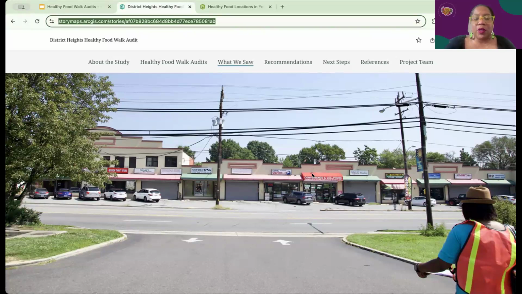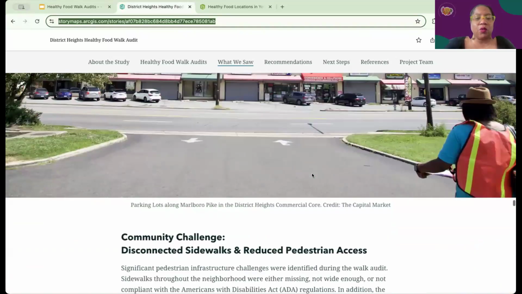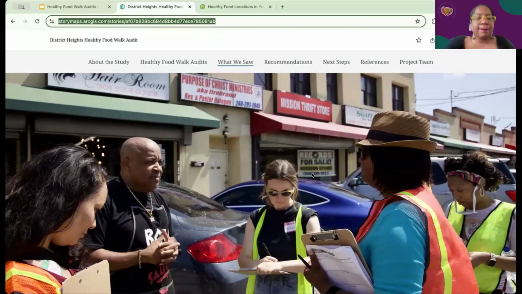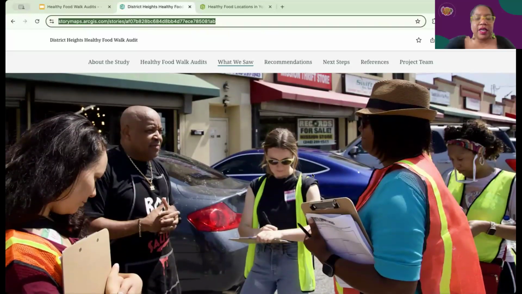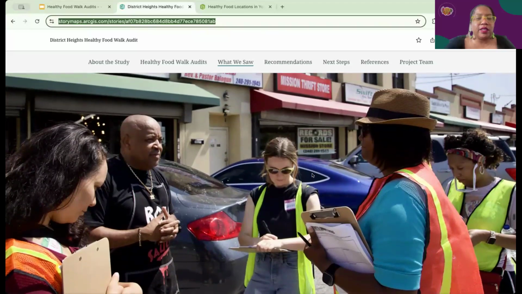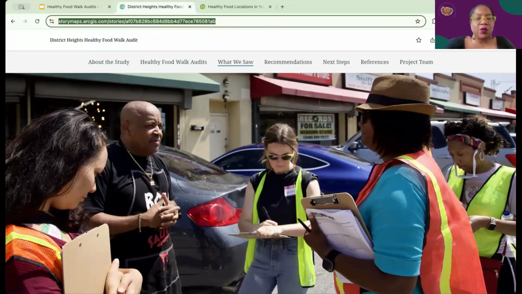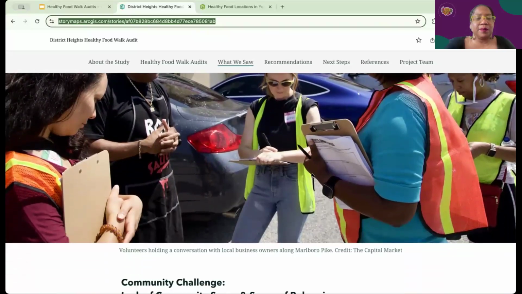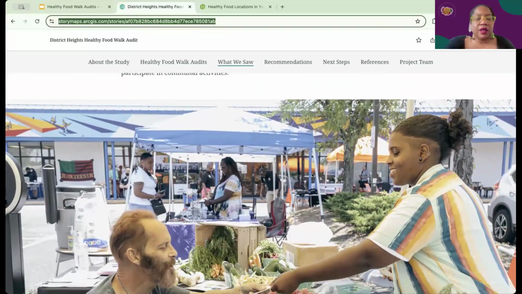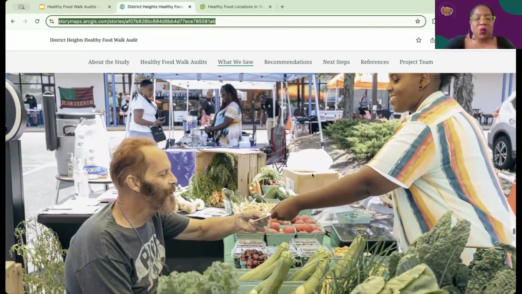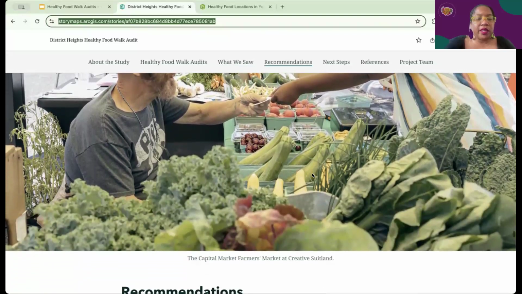And so that's why we also focus very heavily on pedestrian access, pedestrian routes, and what types of recommendations could be used to increase an individual's overall walking experience. This is some of our participants interviewing a business owner in the community. And an example of one of our farmers markets with the Capital Market.